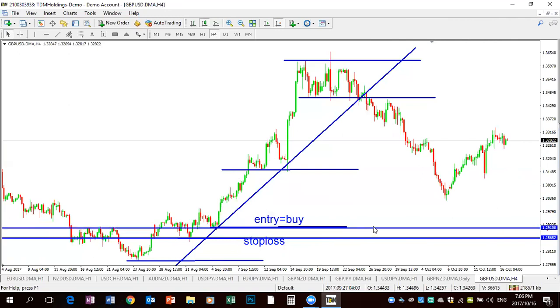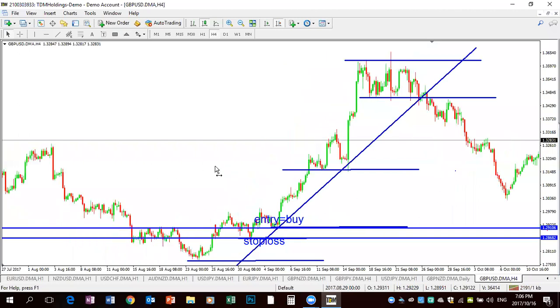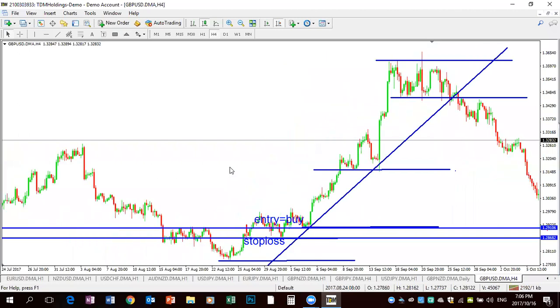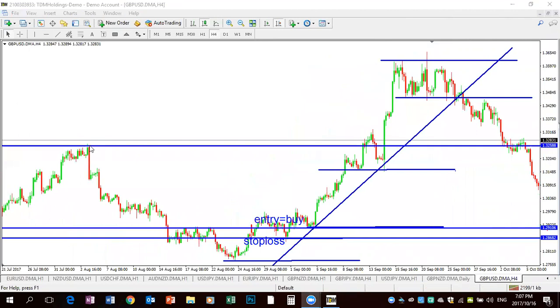All right? Now, the question will be, where am I taking my profits? It's very too tight, but we are using the principle. Our stop loss, yes, is too close, but the principle says when you want to place your stop loss, you use your previous low, and that is our previous low.